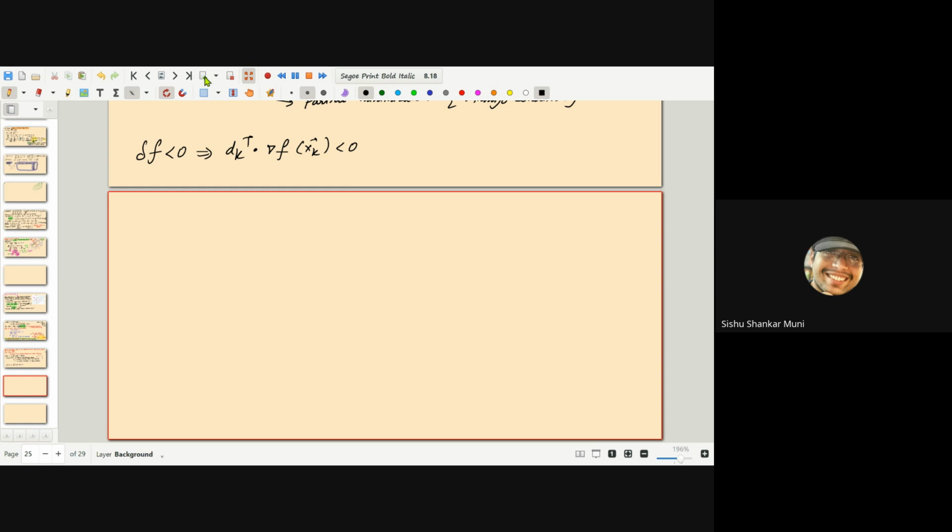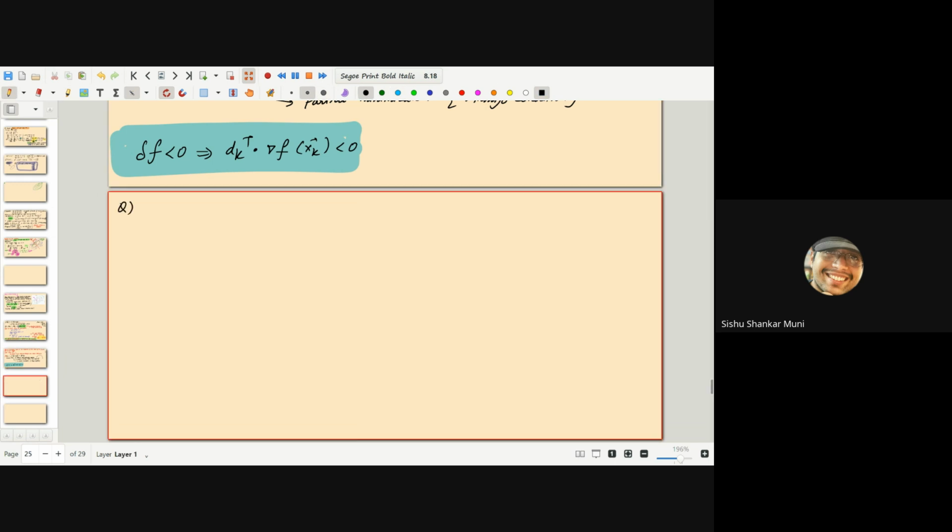We have already seen this condition, right? We will do a problem to illustrate the importance of the gradient here. I told you we need to go in a certain direction. Now I want to give you an example and show that not all directions help you reach the minimum.